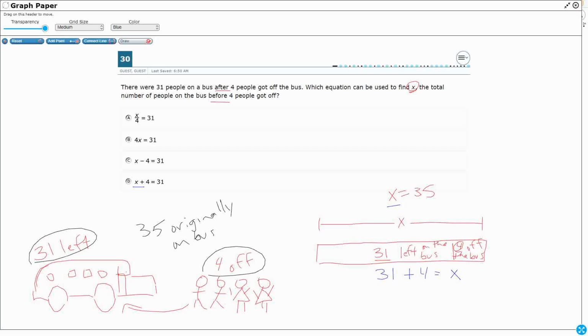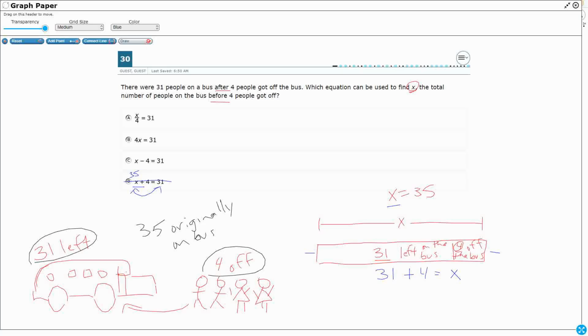Because if I substituted in this x with what we know it to be, 35, look what's going to happen. Does that make sense? 35 plus 4 equals 31. So even though when I originally look at this, I see an additive relationship, that doesn't make sense. It would need to have these 2 terms flipped, right? I need the 31 and the x to be flipped.